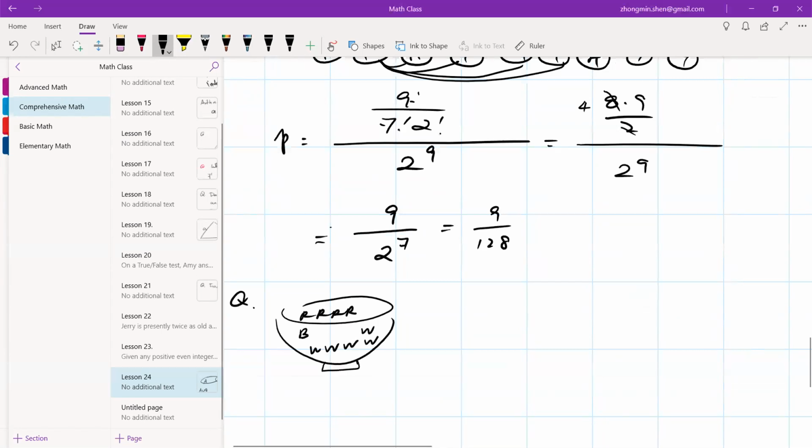If you pick 3 jelly beans from the ball at random and without replacement, just pick 3.